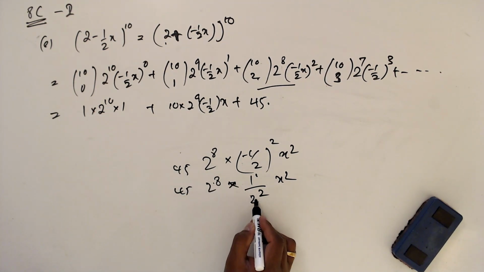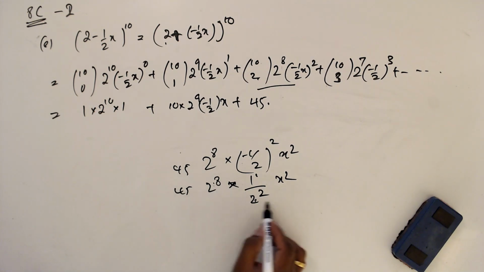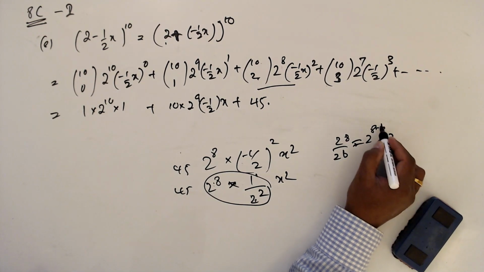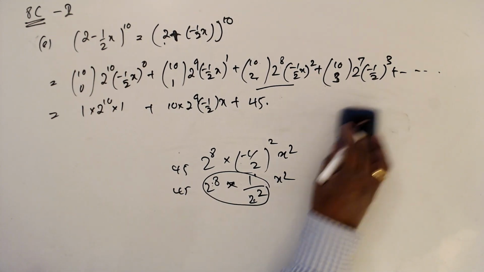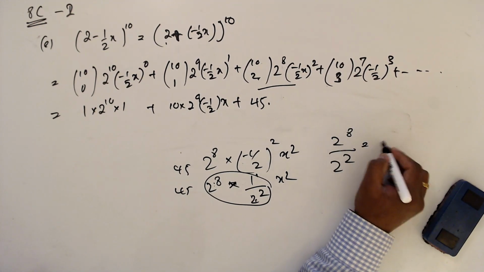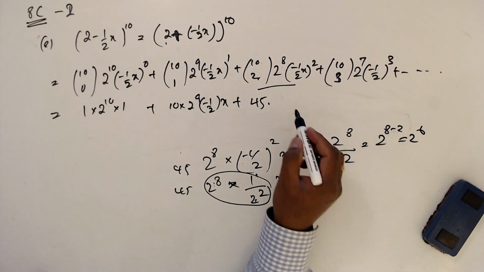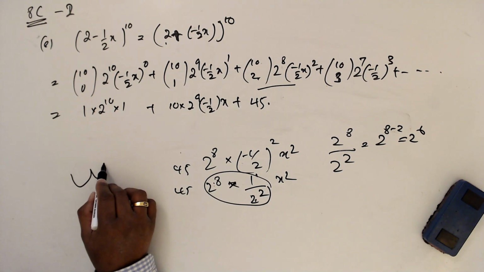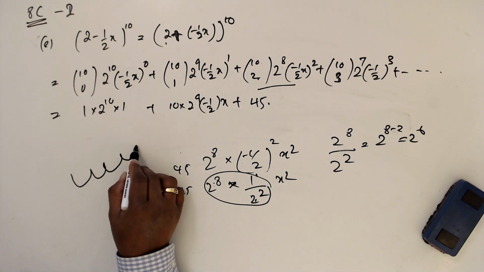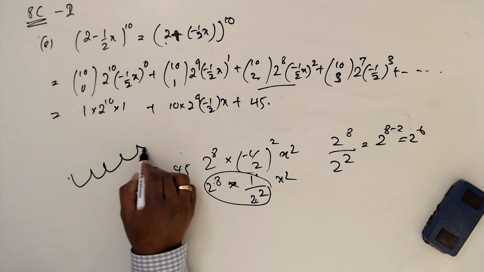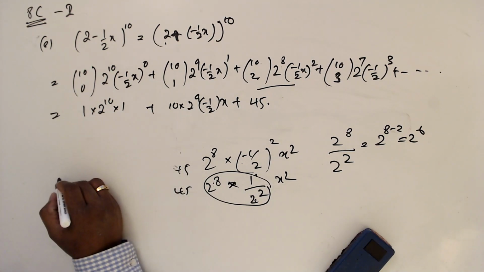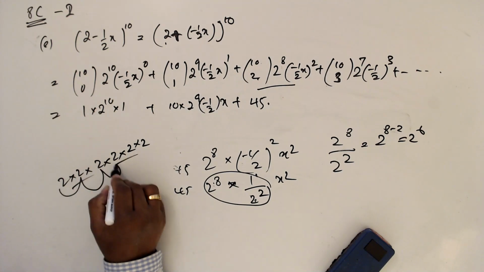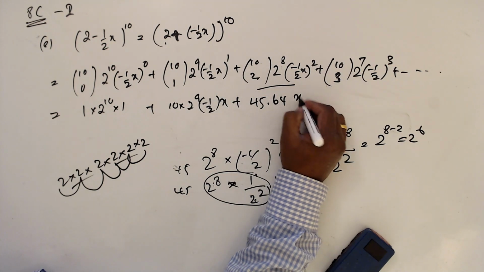Then 2^8 over 2^2 means 2^8 minus 2, which is 2^6. Right? 2^6 is 2 times 2 is 4, 8, 16, 32, 64. 64 times x square.